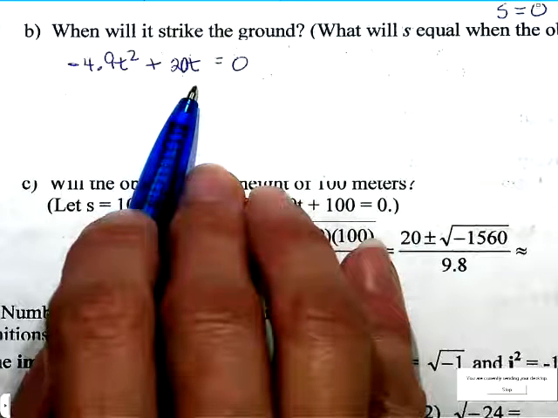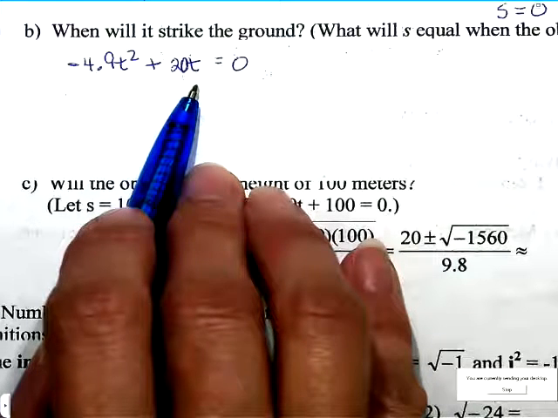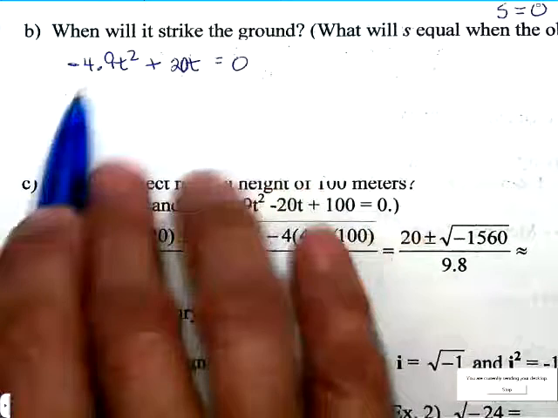What should you try before you jump on the quadratic formula? Try to factor it. And the first question you always ask yourself when you're factoring is what? Is there a GCF? And yeah, there is a GCF. I can factor out a t here.